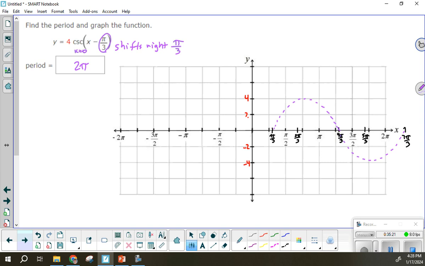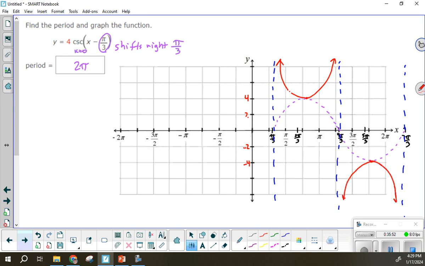Again, everywhere that my sine is 0, that's where my asymptotes are going to be. So I'm going to have an asymptote here at pi over 3. I'm going to have an asymptote here at 4 pi over 3. And then it would be over here at like 7 pi over 3. So those are going to be my asymptotes. And when I go back in to graph the cosecant, here in the middle, I'm going up and I'm going down.